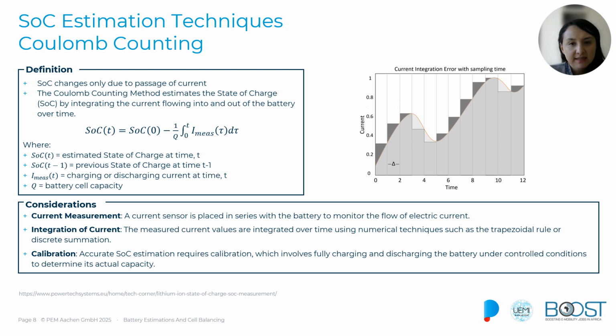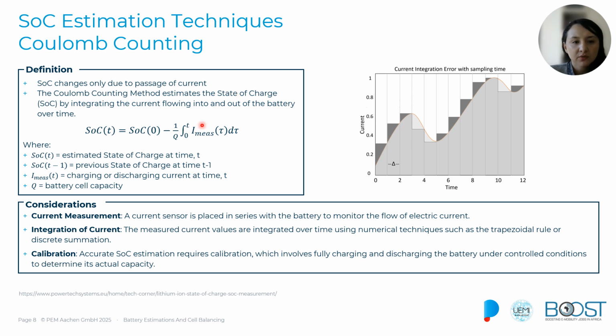Next, we will discuss then the Coulomb counting methods, and this, unlike the open circuit voltage method, in this case we rely on the measurement of the current that is flowing in and out of our battery, and we are using the value of the current to track the changes in the charge dynamically.